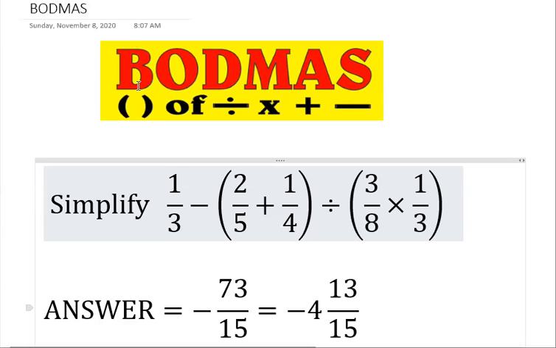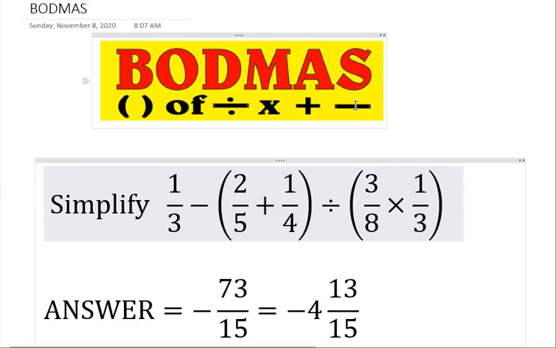So BODMAS is an acronym. A lot of people have been using different acronyms to solve this operation. It's just an acronym. B stands for brackets, O off, D division, M multiplication, A addition, and S subtraction.